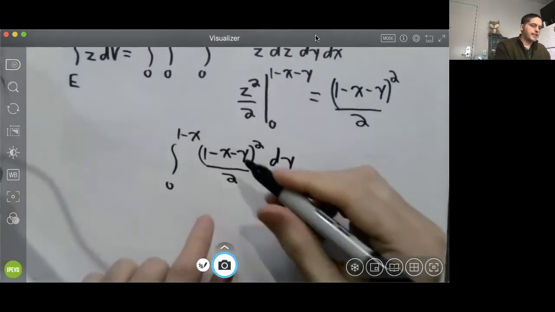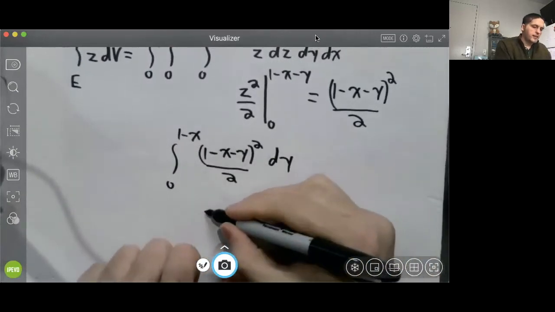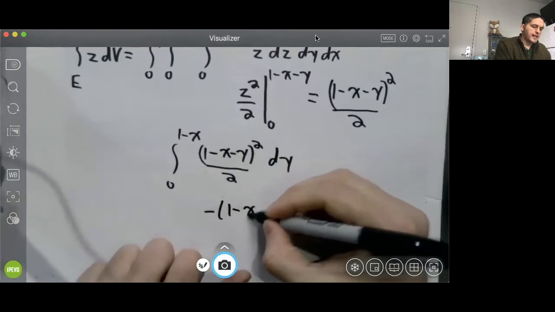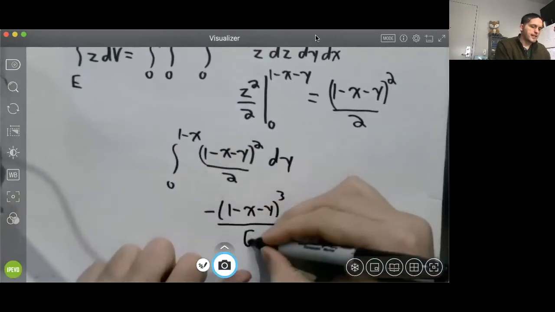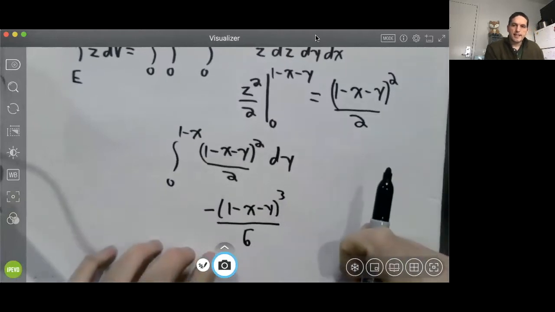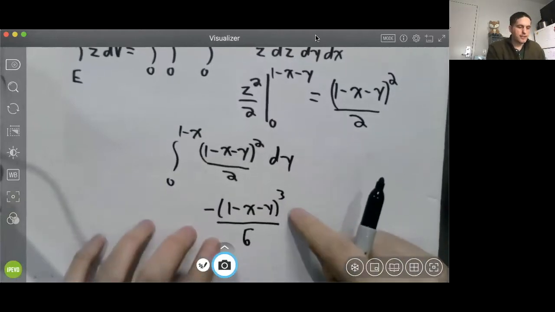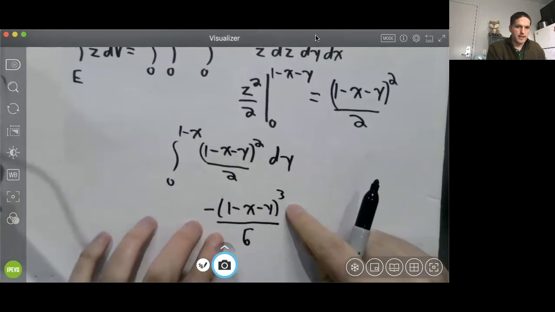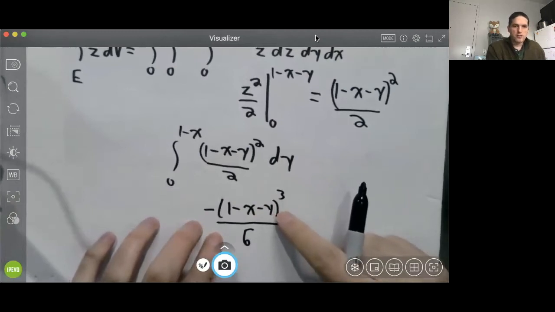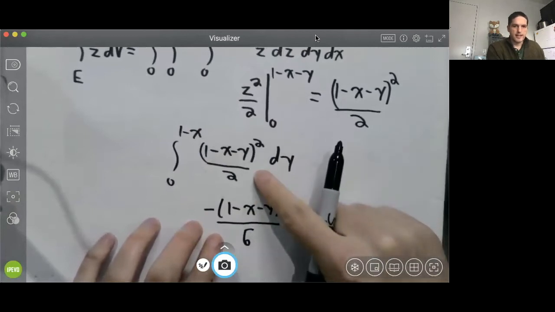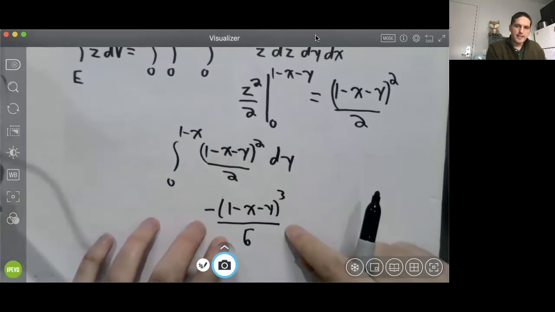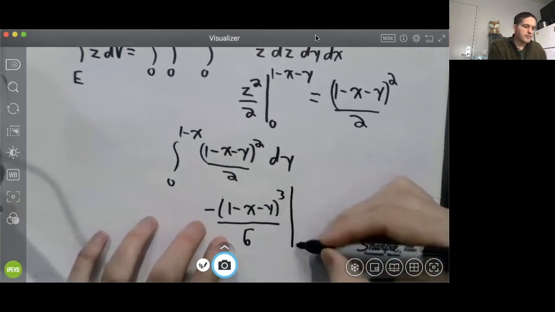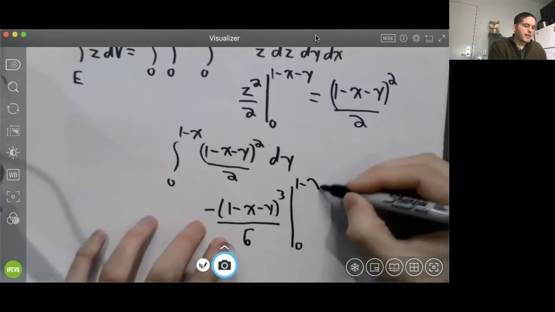And here's an antiderivative: negative (1 minus x minus y) cubed over 6. We could check that this antiderivative is correct just by taking the derivative with respect to y. If we do that, we use the chain rule and we see that we get the correct answer. So this is our antiderivative. Now we have to take this antiderivative and evaluate it from 0 to 1 minus x.